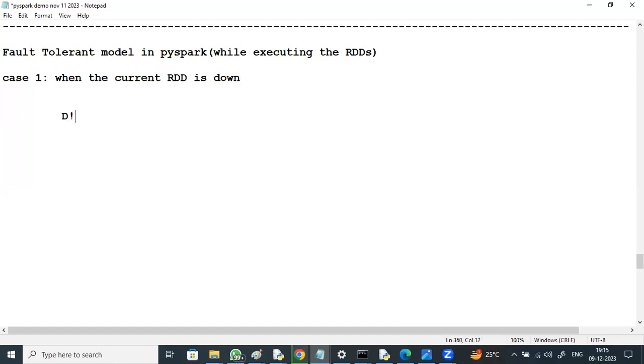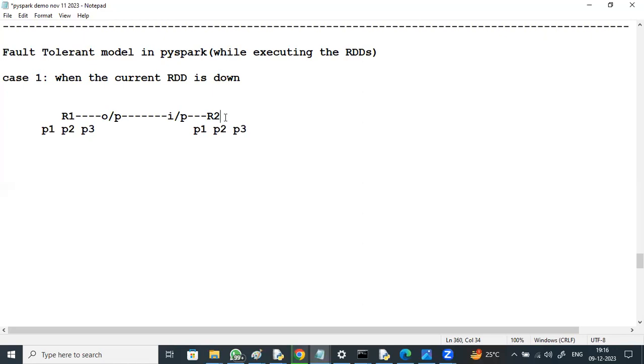R1 is RDD1, and it has three partitions: P1, P2, P3. R1's output is taken as input by R2, which also has three partitions.